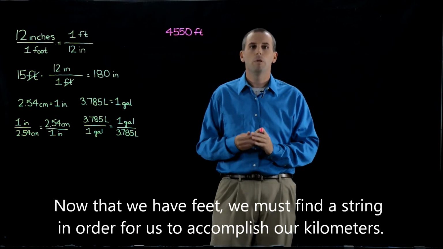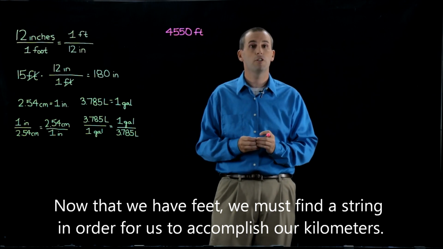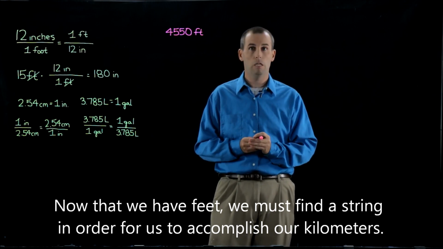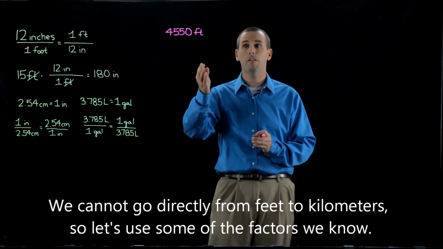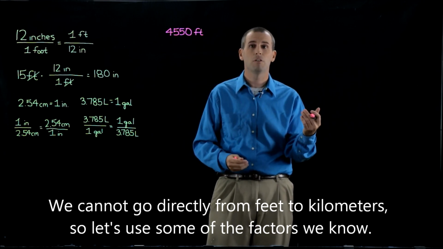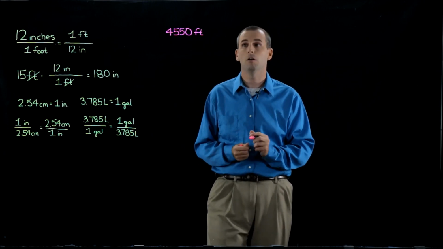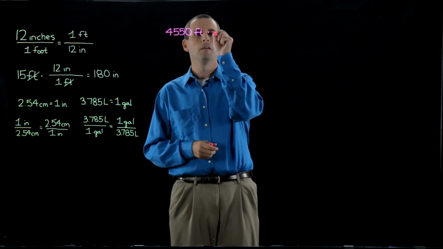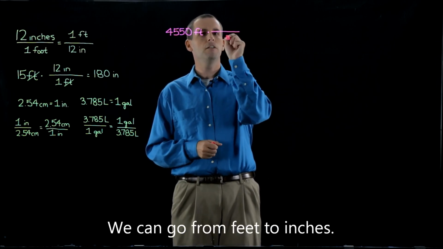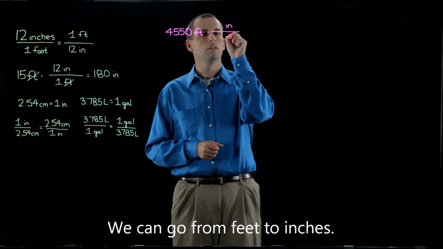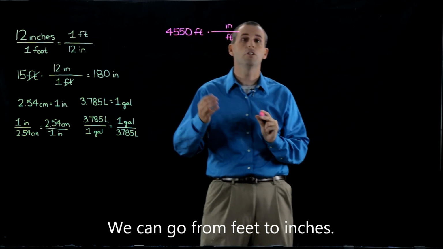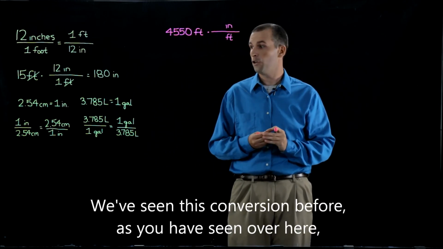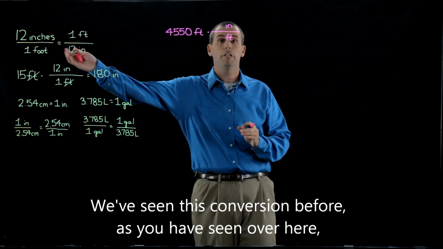Now that we have feet, we must find a string in order for us to accomplish our kilometers. We cannot go directly from feet to kilometers, so let's use some of the factors that we know. We can go from feet to inches. We've seen this conversion before, as you have seen over here.